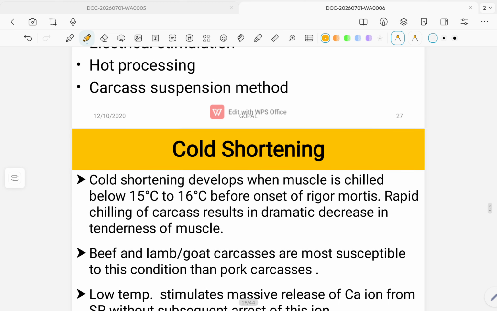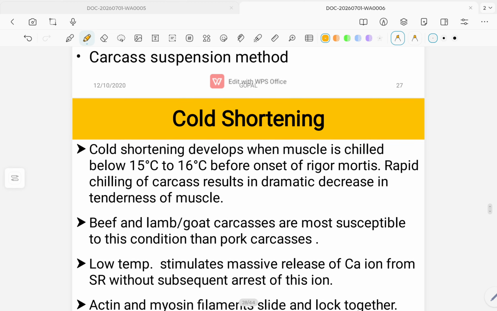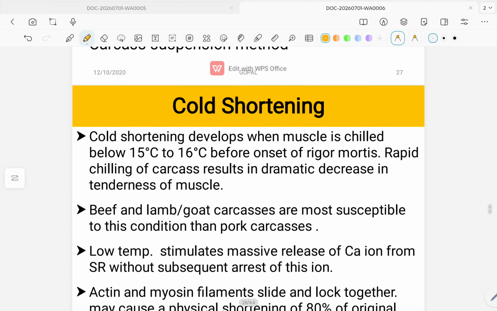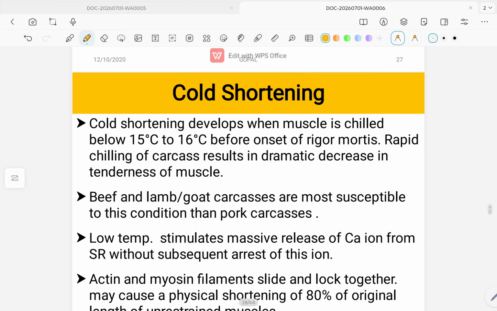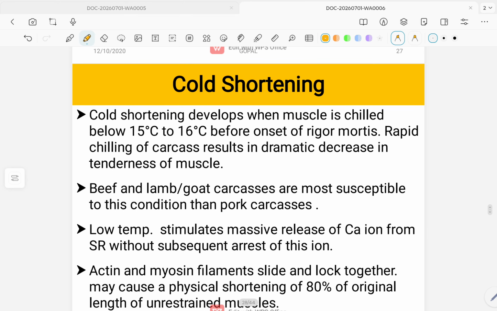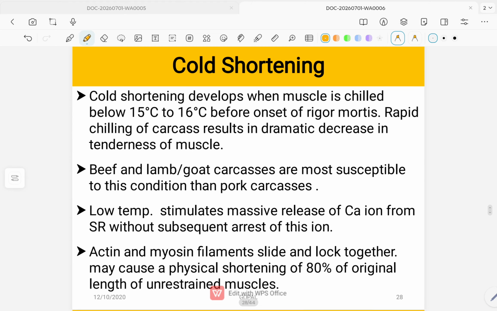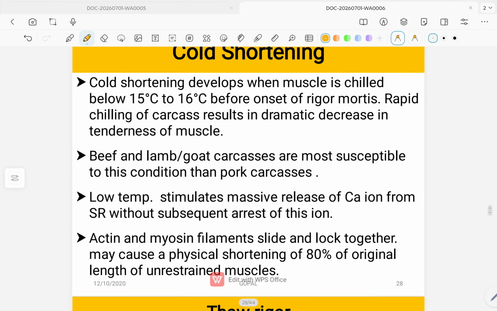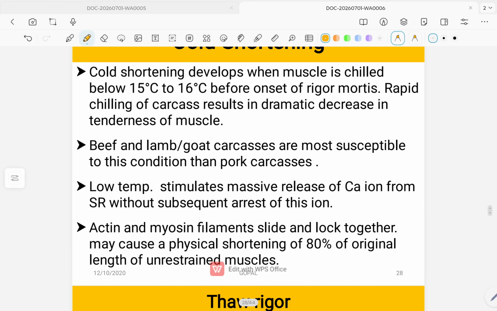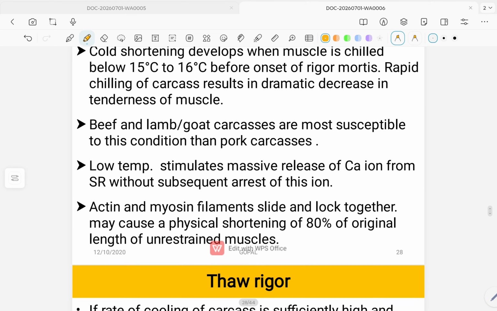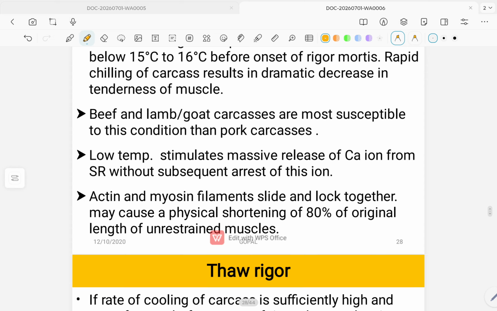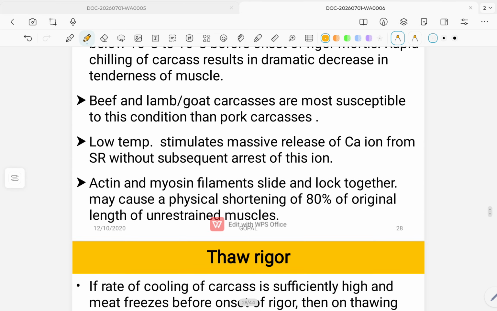Cold shortening develops when muscle is chilled below 15 to 16 degrees Celsius before the onset of rigor mortis. Rapid chilling of the carcass results in a dramatic decrease in tenderness of muscle. Beef and lamb or goat carcasses are more susceptible to the condition than pork carcasses.